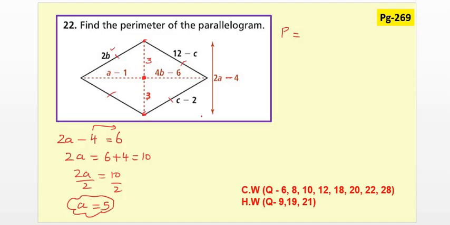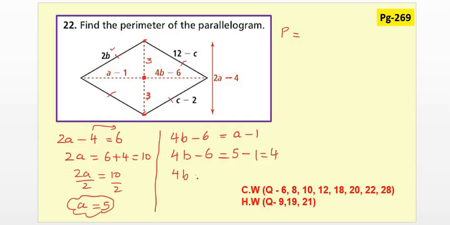Now let's see how we can find the value of the variable b. You can see from here 4b minus 6 is equal to a minus 1. So let's find b. 4b minus 6 is equal to a minus 1. Put the value of a into it, the value of a is actually 5. So 5 minus 1 will be 4, and we can say 4b equals 4 plus 6.